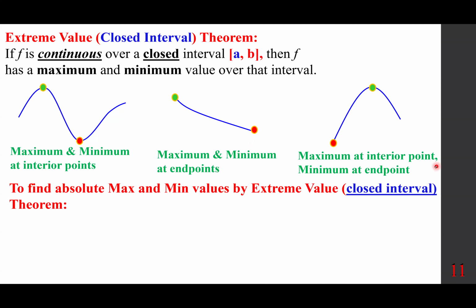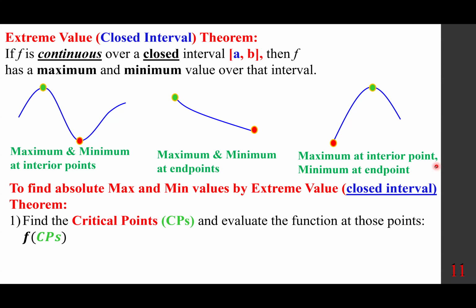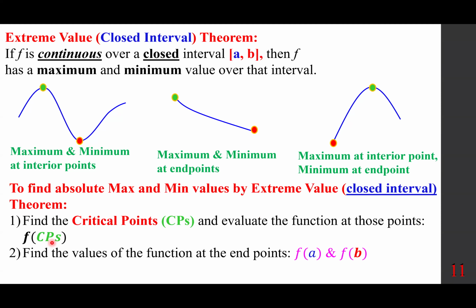So to find absolute max and minimum values by the extreme value or closed interval theorem, number one, find the critical points, CPs, and evaluate the function at those points. Functional value at critical points. Number two, find the values of the function at the endpoints, f of a, f of b.